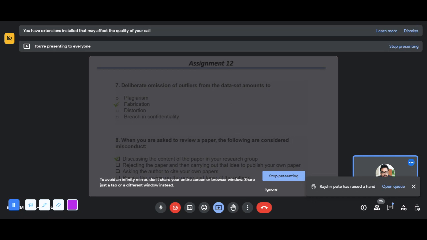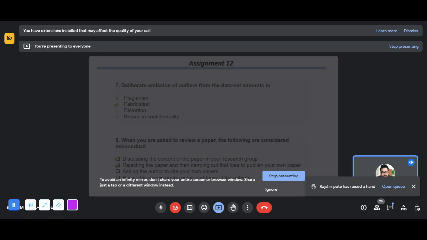Then he or she takes the idea and publishes the work in some other journal. In that way, he or she tries to take the credit for that particular result. That is also scientific misconduct.